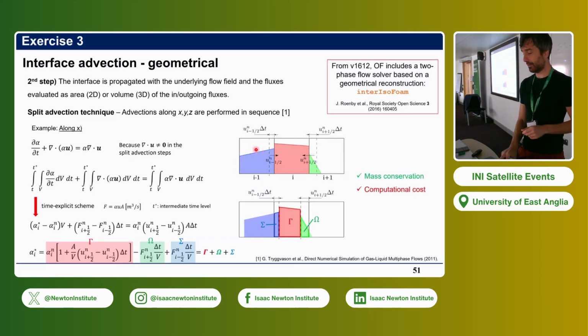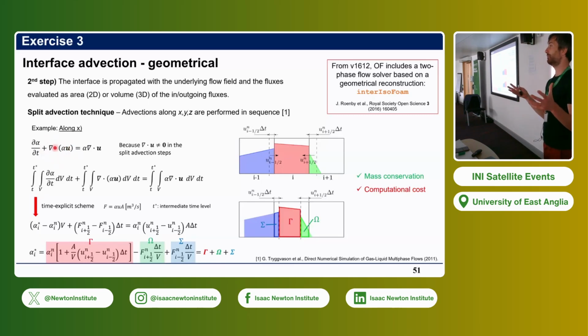So it turns the alpha equation, or at least the convective term, into a geometrical problem where it will find from all these trapezoids that are your reconstructed volume of fluid, how much of those trapezoids are leaving or coming into the cell. So it turns the convective term actually into a geometrical calculation of the volumes of fluid.